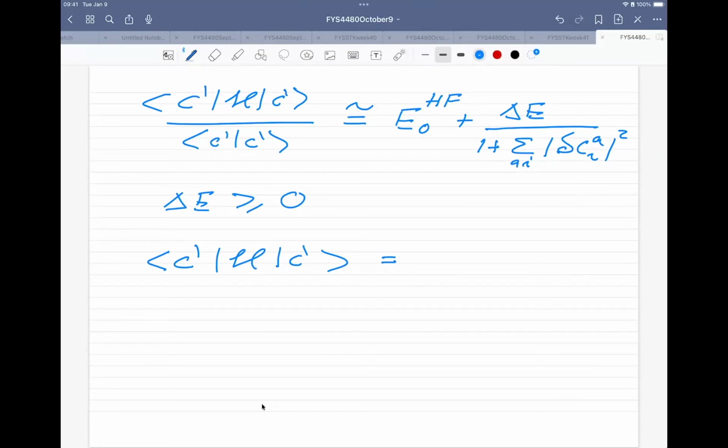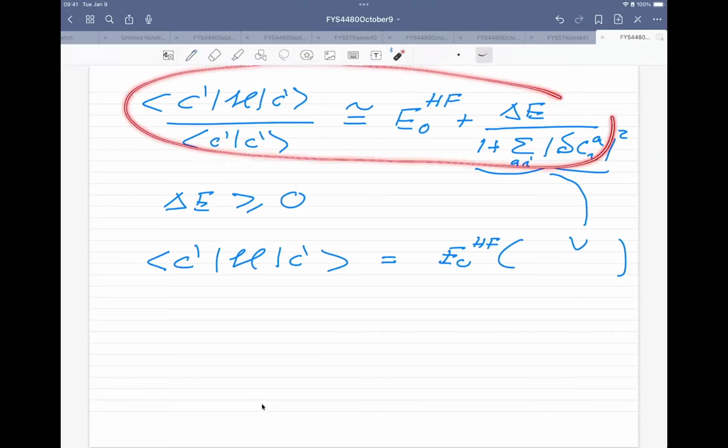There is a term E0 Hartree-Fock, which is multiplied with, and now I'm just going to be a little bit lazy here, so I'm just going to plug that one in. And when we divide away this denominator, that's when we get the expression which you are seeing here.